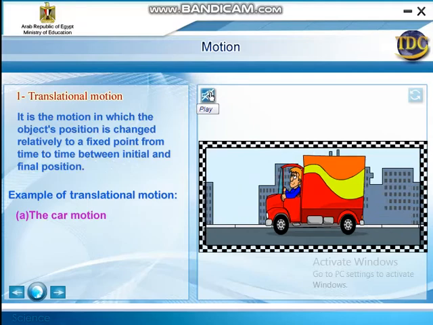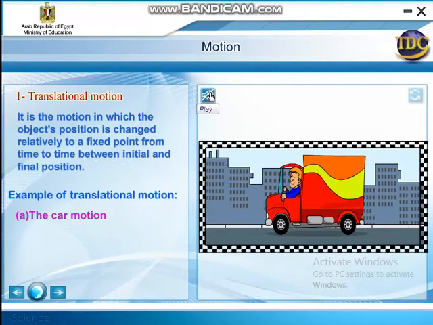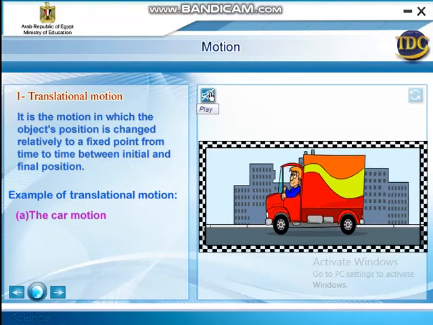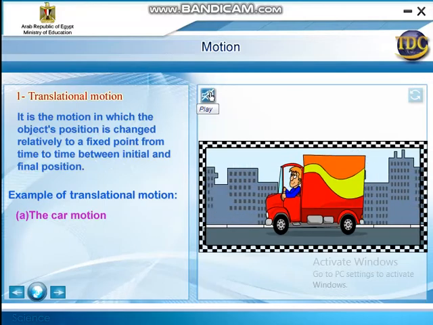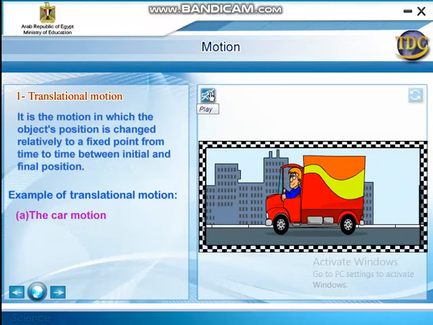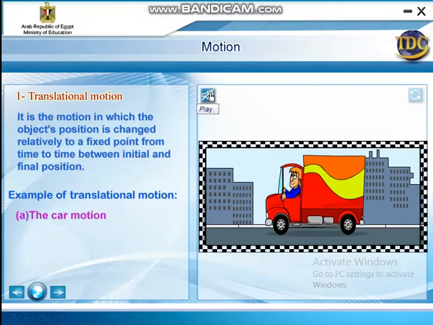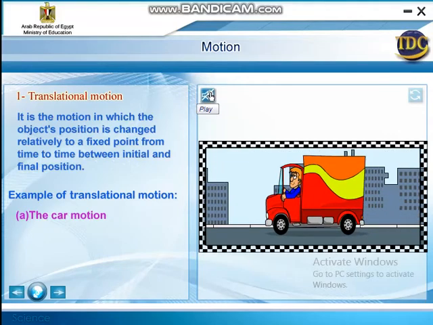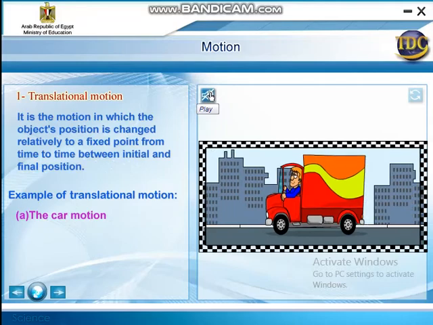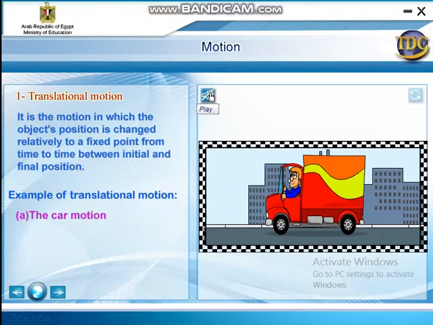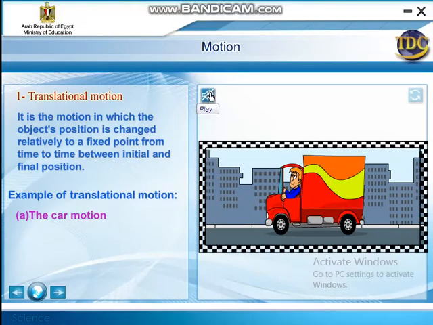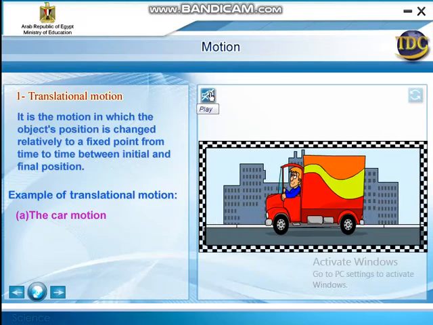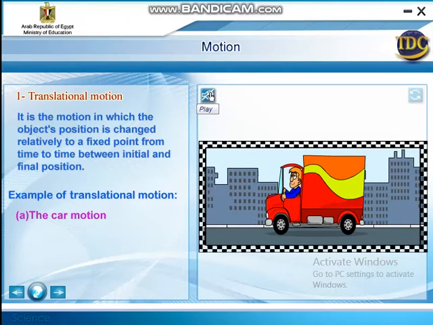It is a motion in which the object position is changed relative to a fixed point from time to time between initial and final position. The motion that has initial position and final position, beginning position and final position.